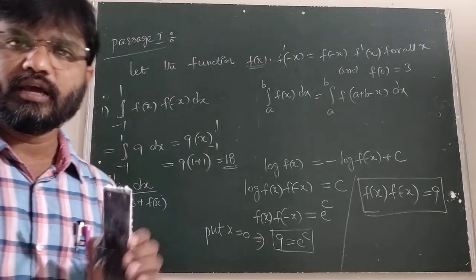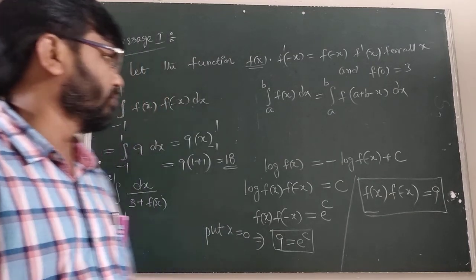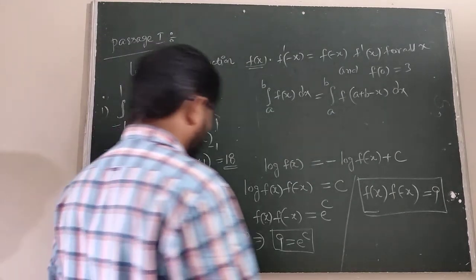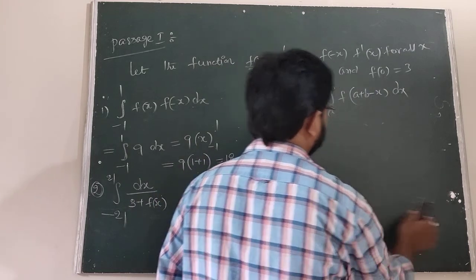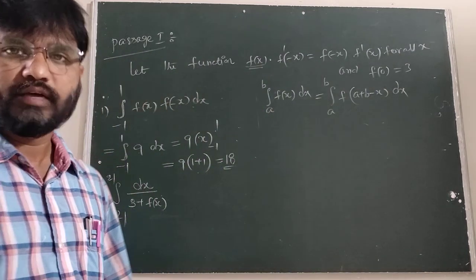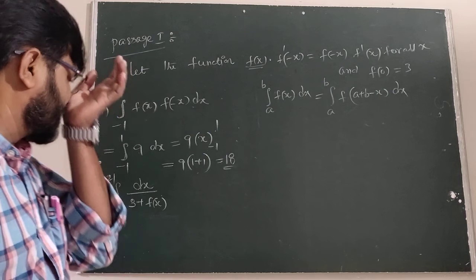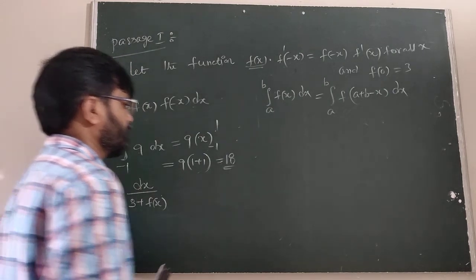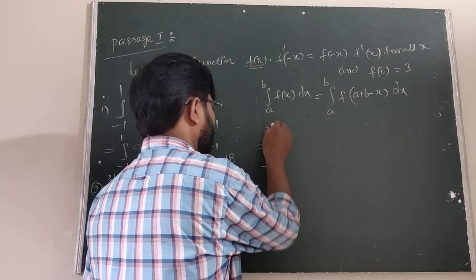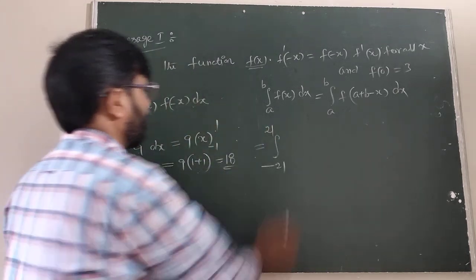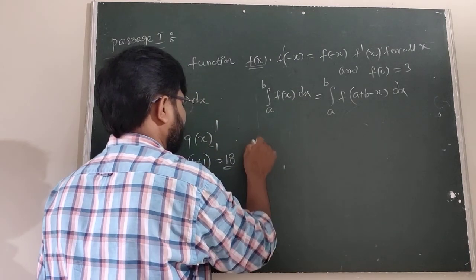Therefore, now we can write this as the integral from -21 to 21. First of all, we have to take this as I.